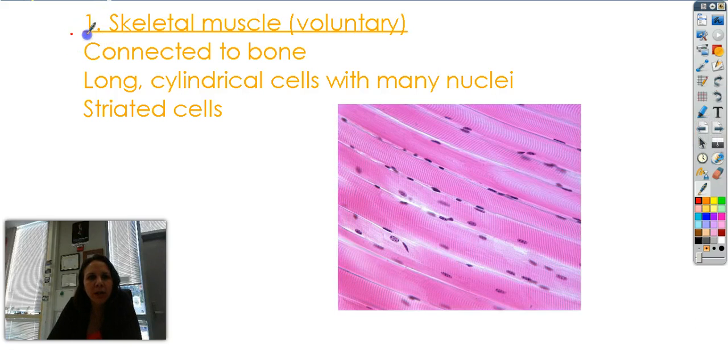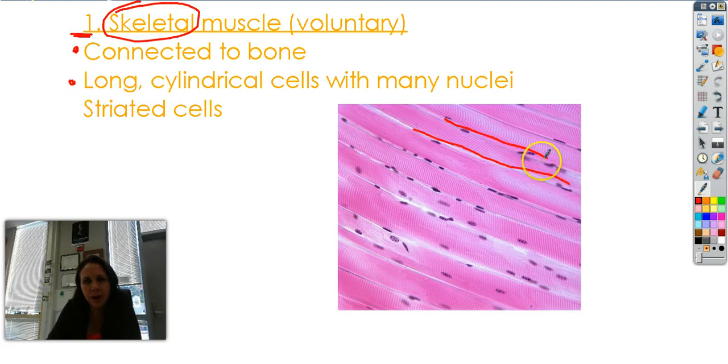The most common one is this one, skeletal muscle, which is also known as voluntary muscle, because you are in voluntary control. If you want to move your hand, you can tell your muscle to do that. So skeletal muscle is voluntary, and it's attached to your skeleton, which is why it's called skeletal. So it's connected to bone. They are long and cylindrical cells, and so you can see that they look like long hollow tubes almost, but they're full of myofilaments.